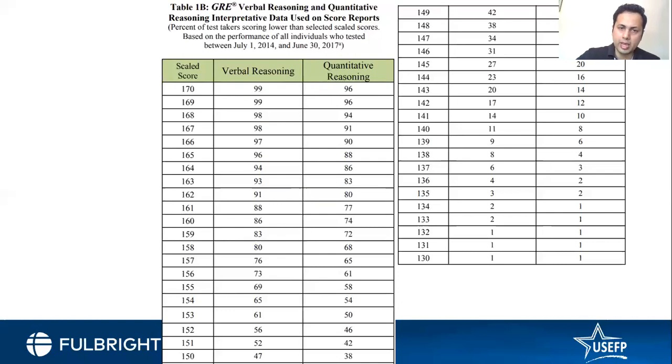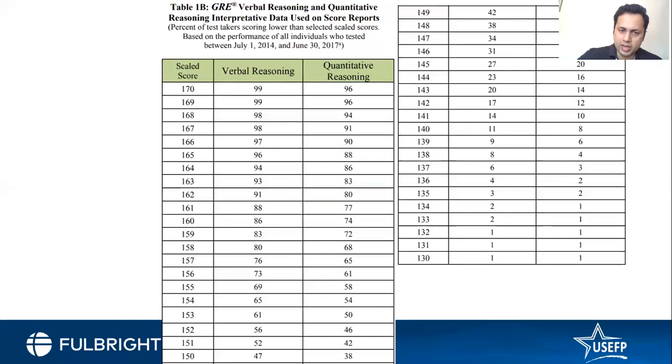You should obviously aim for the highest score that you can attain. Some of the universities tell on the website the scores you require. But at least try to have the 50 percentile in both the verbal and the quantitative section.